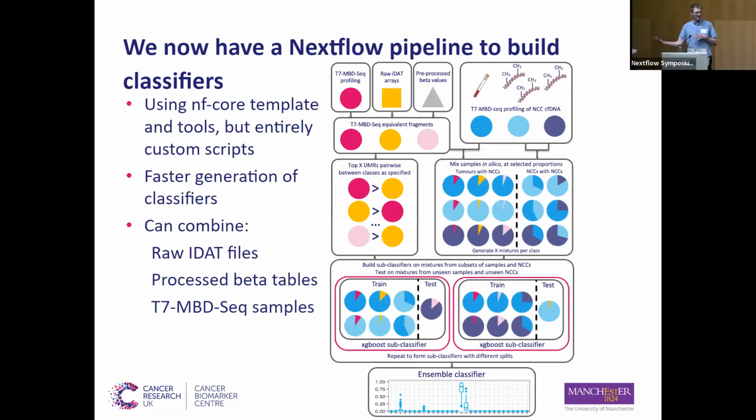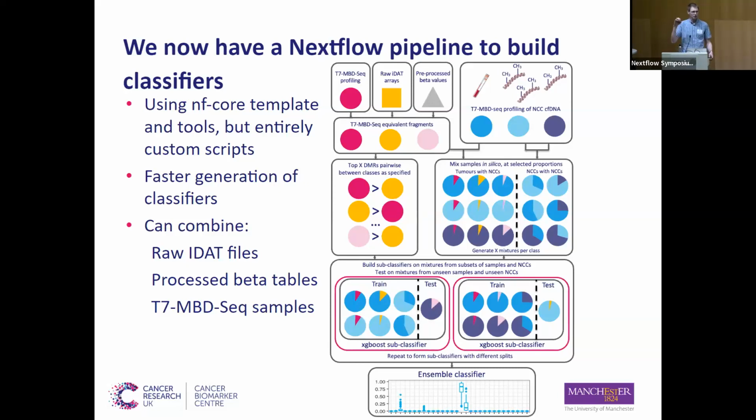But then moving back to Nextflow again, since that work, what I was building with was all a set of shell scripts and R scripts. So I now have, using the nf-core template and tools, a pipeline that is entirely custom but uses the nf-core framework and structure to do the same thing.